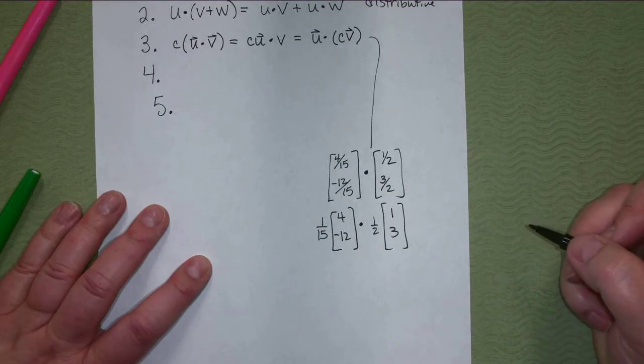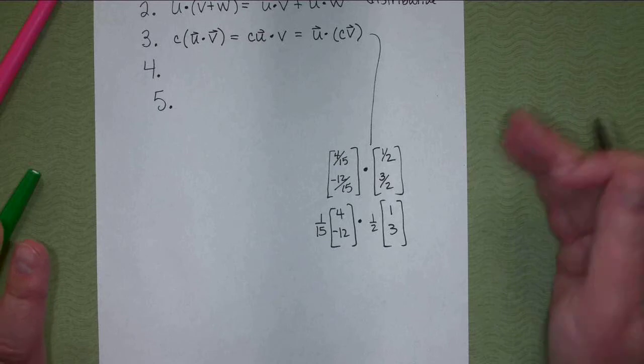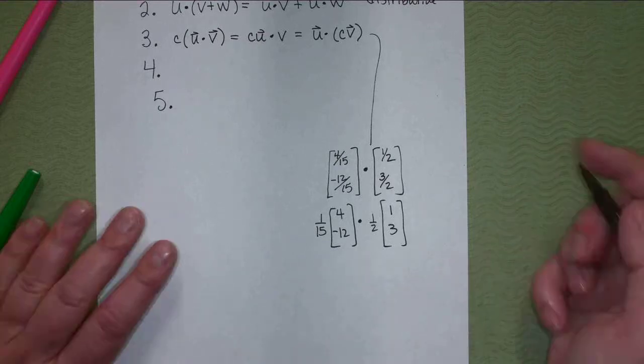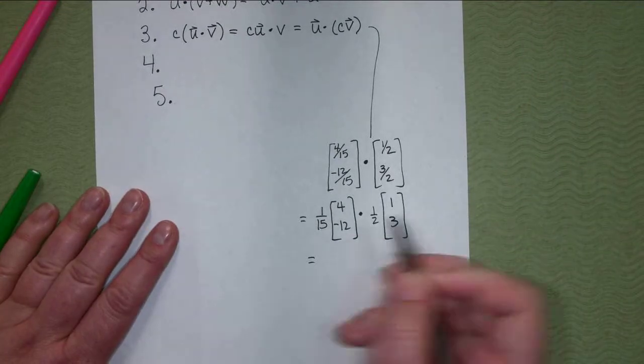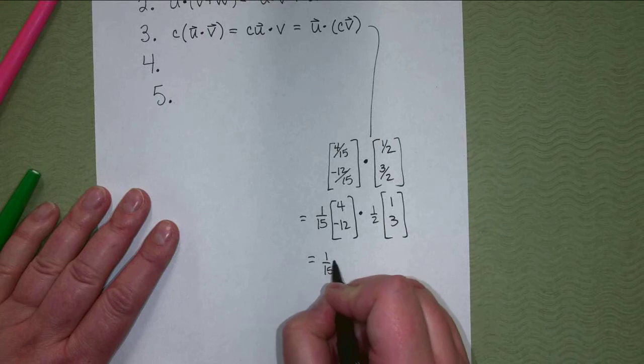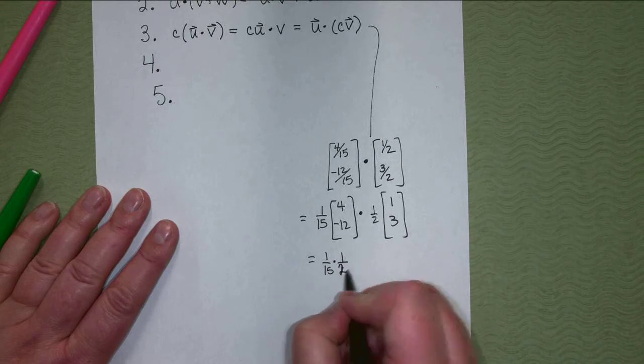What do you think you could do next? You can save those constants, those factors, till later. So we can actually rearrange this so that it's 1 over 15 times 1/2, and then do the dot product of these.